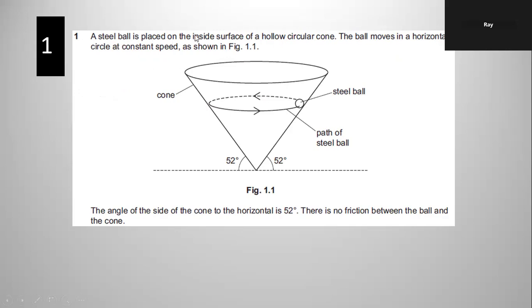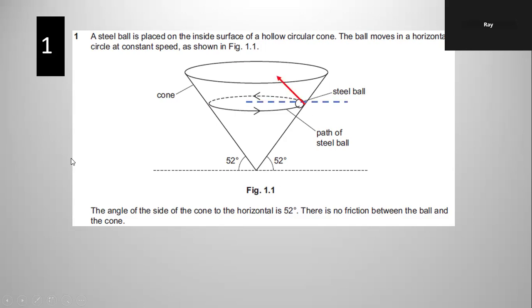A steel ball is placed on the inside surface of a hollow circular cone. That is a circular cone. The ball moves in a horizontal circle at constant speed as shown in figure 1.1. The angle of the side of the cone is 52 degrees. There is no friction between the ball and the cone.